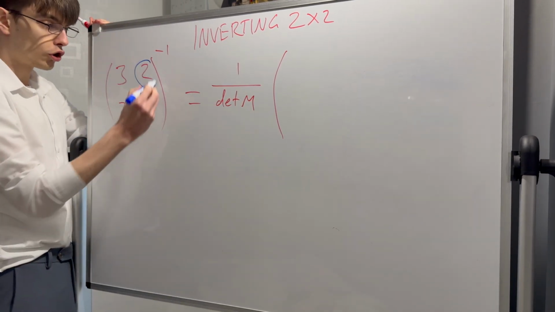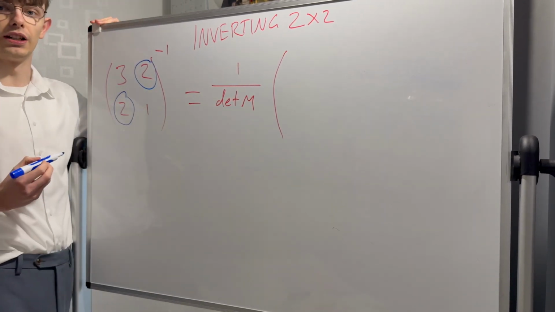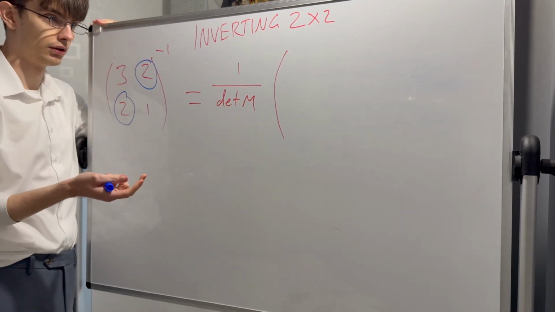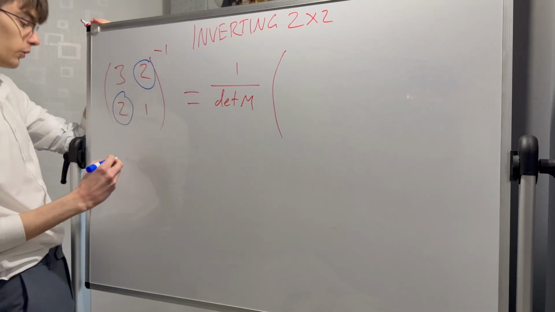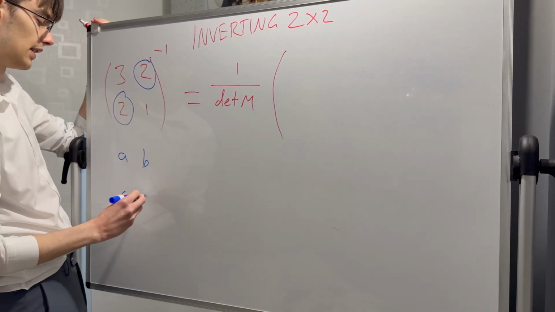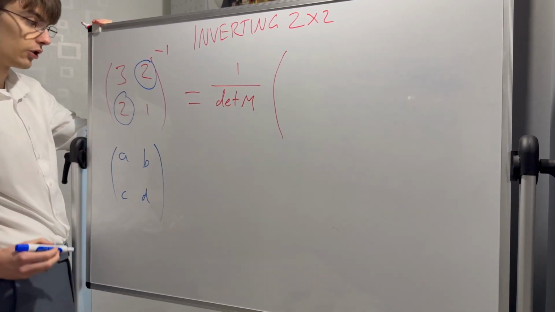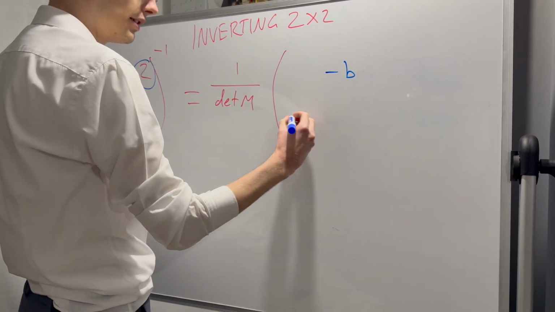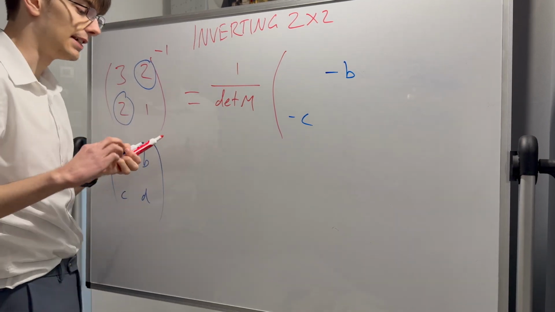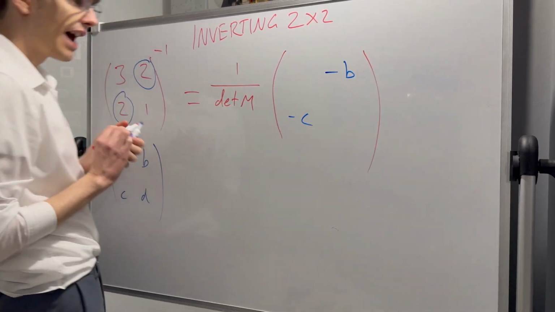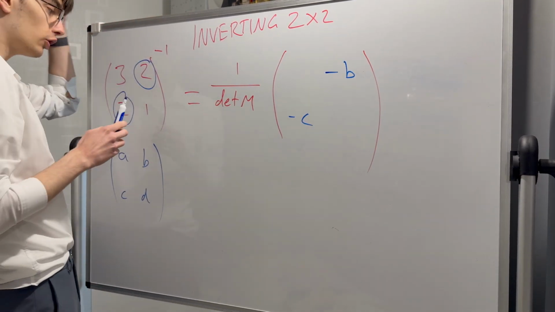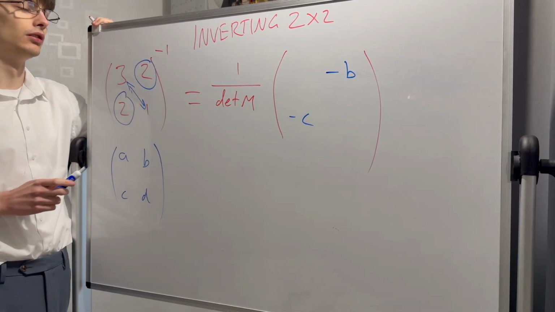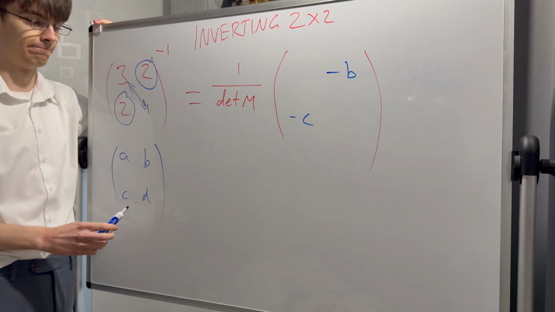And I'm going to multiply that, and this is where it gets a bit weird to remember, my top right and bottom left values are going to be made negative. So if this was simply the matrix A, B, C, D, then I'm going to end up with a minus B and a minus C. Then I'm going to swap the places of A and D, the top left and the bottom right.